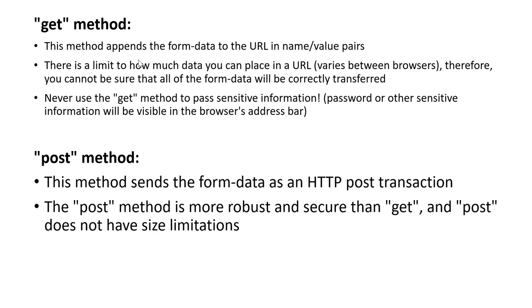Get method: this method appends the form data to the URL in name and value pairs. If you use the get method to provide information, then in the browser, at the top, there will be a URL with the name and value.